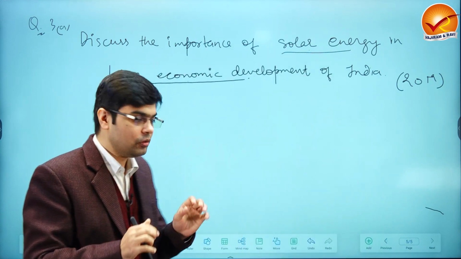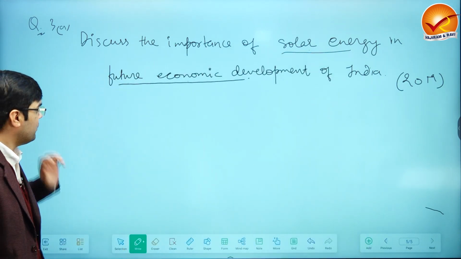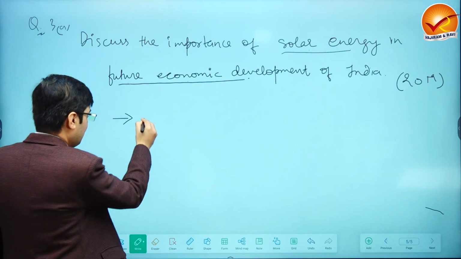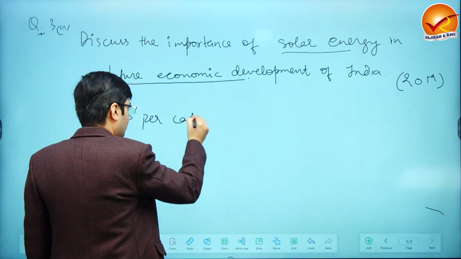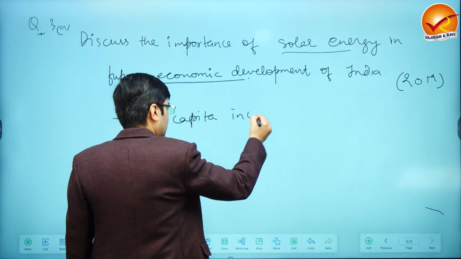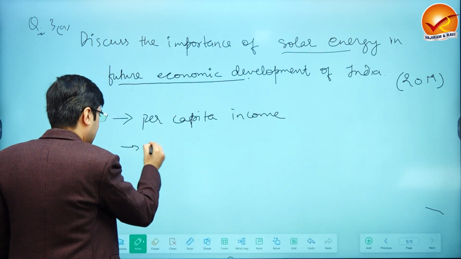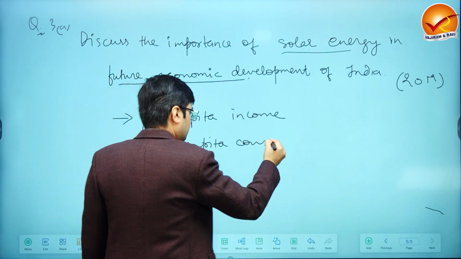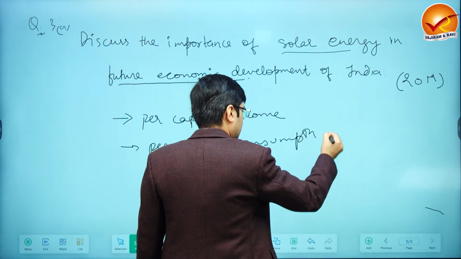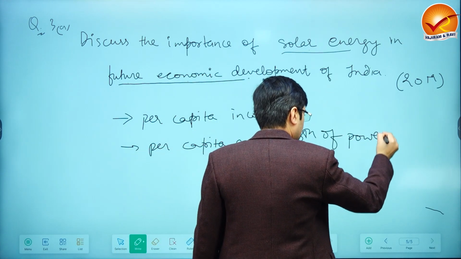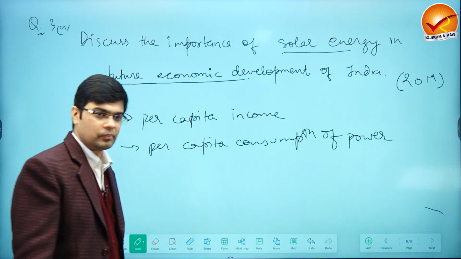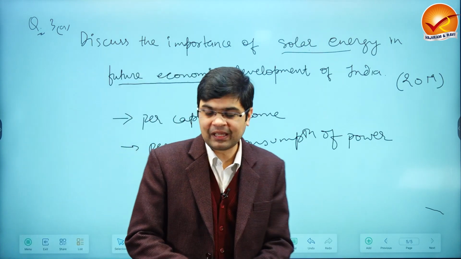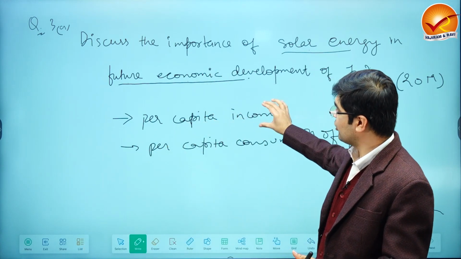So when we talk about economic development, certain aspects of economic development, can I say per capita income, per capita consumption of power. We have per capita income, which is an indicator of economic development.